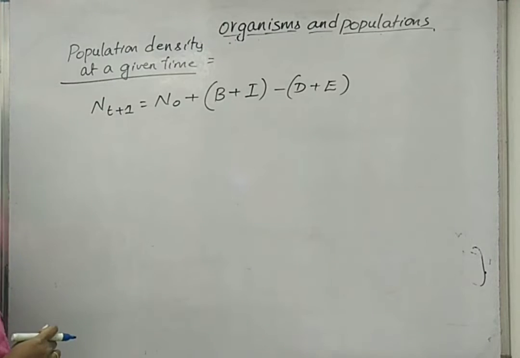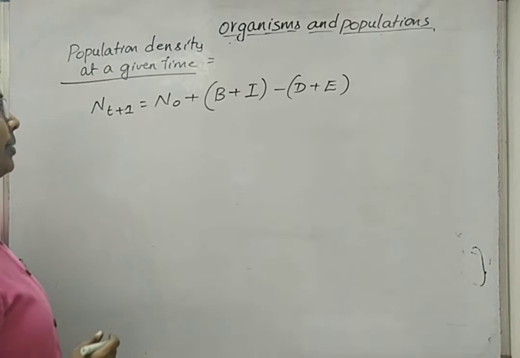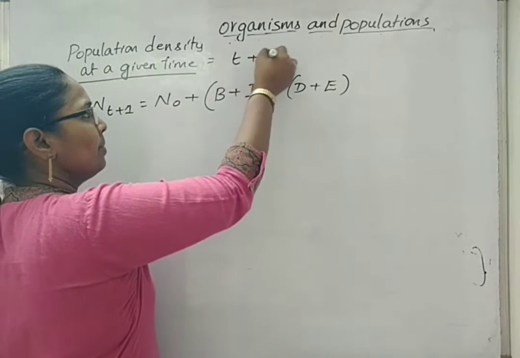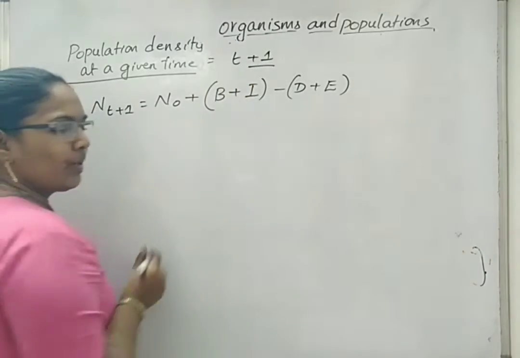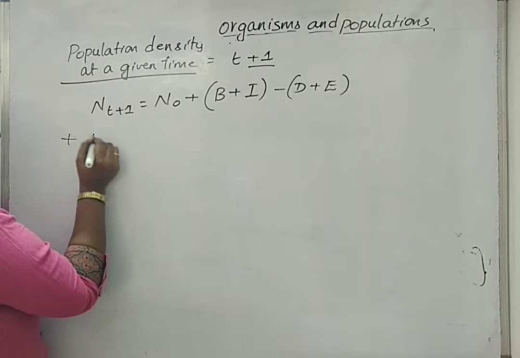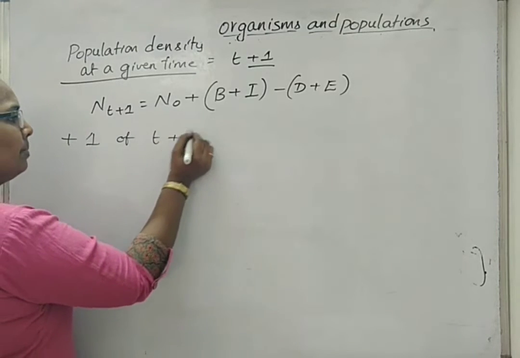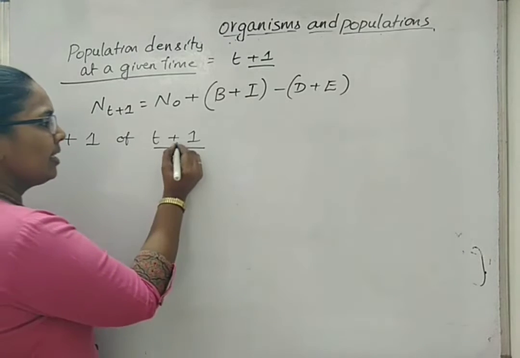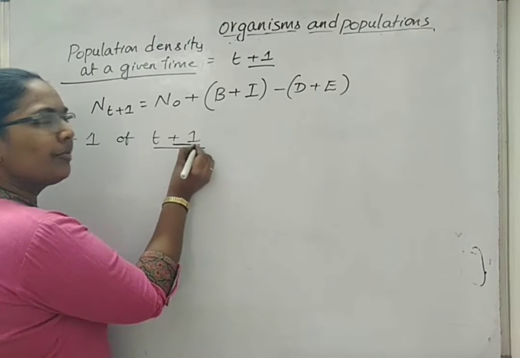Next is about population density at a given time period. This is basically written as T plus 1. What does this plus 1 indicate? The plus 1 of T plus 1 indicates the increased number of population after 1 year.